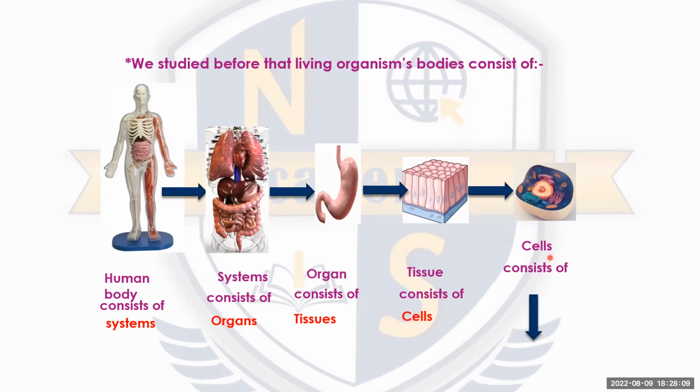Plant cells are the cells that make up the body of plants, while animal cells are the cells that make up the body of animals and humans. So when I say animal cell, that means these cells are related to animals and humans. They have totally different functions, but they have the same structure.